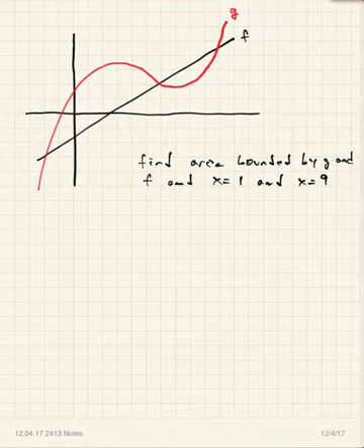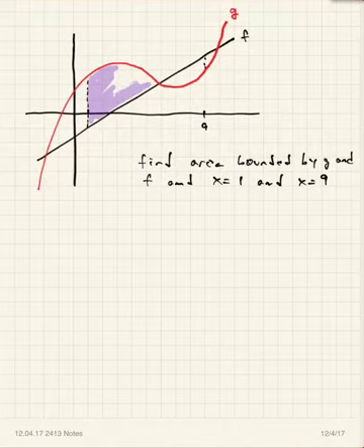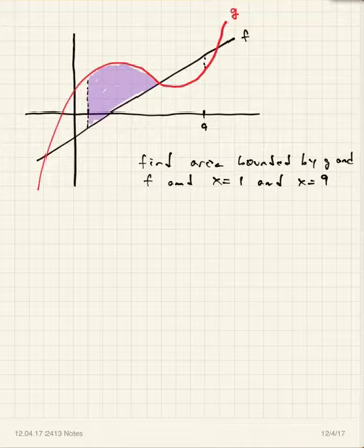Here's x equals 1, and here's x equals 9. And so the region you're talking about is a region that looks like this. So here's our region, and then this piece also right here.